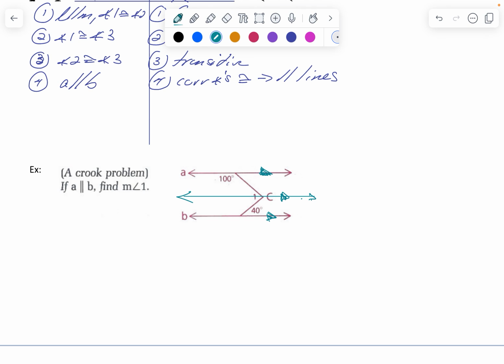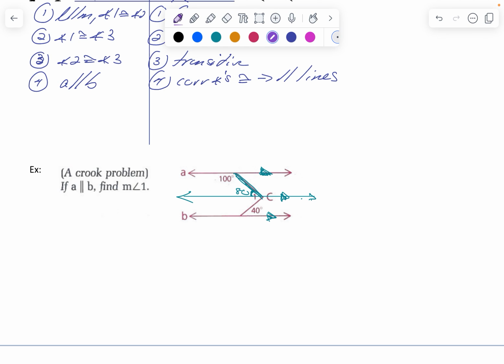So now we've got parallel lines with, say, one transversal here. And so if that's 100 degrees, remember consecutive interior, that would make this part 80, just this part right there. So it's not all of angle 1, but like half of it or part of it.